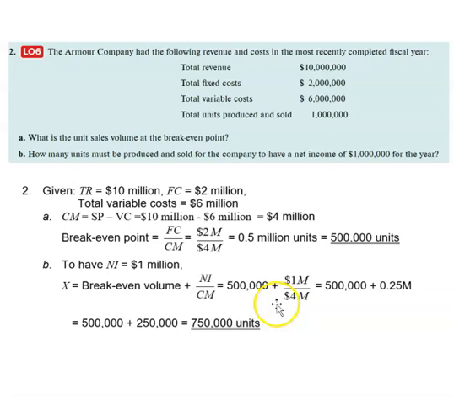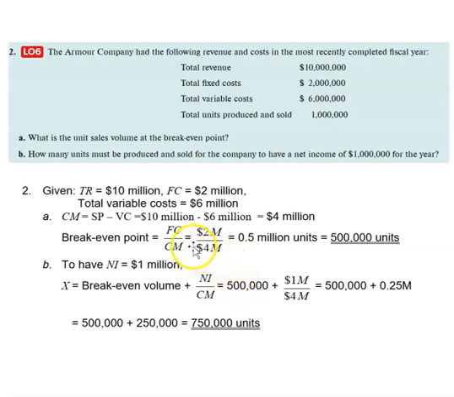Okay, so the second one, how many units must be produced and sold for the company to have a net income of $1 million for the year? Okay, so if we have net income of 1 million, then we've got the break-even. So it's the same formula as above, okay?